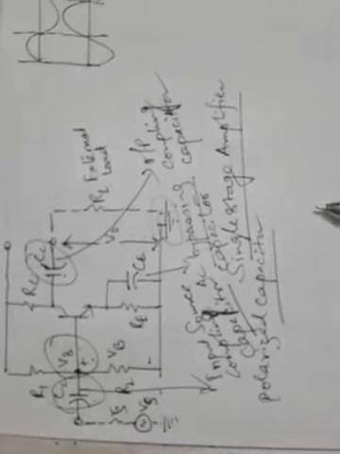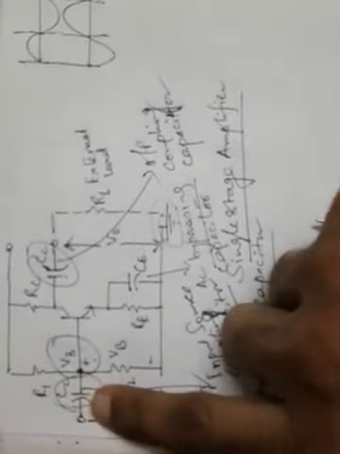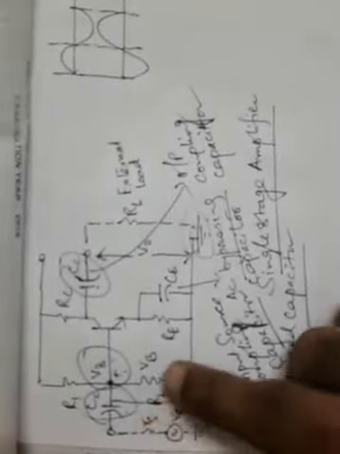If the signal source were direct coupled to the transistor base without this capacitor, then the source resistance Rs would be directly in parallel with the resistor R2. You can see that this Rs will be in parallel with this R2 if the capacitor had not been used.